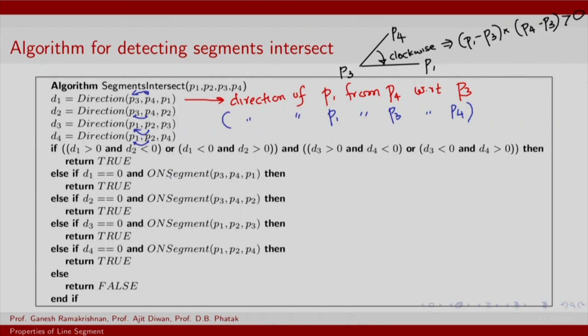You will find that not much will change at all. Now if you find that D1 and D2 have opposite signs, and if directions D3 and D4 have opposite signs, then you are done.